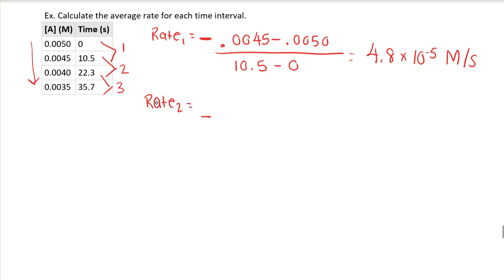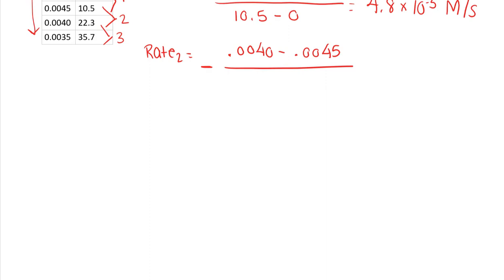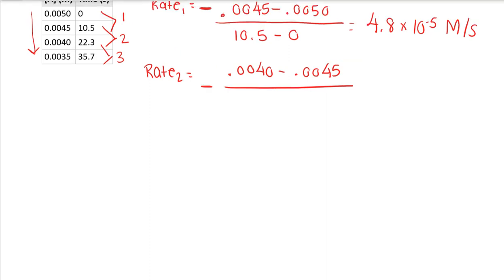All right, we can calculate the rate for my second interval. So again, I'm going to do the final concentration, 0.0040 minus the initial concentration, 0.0045, divided by the change in time, 22.3 seconds minus 10.5 seconds.